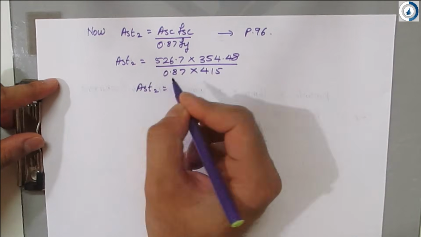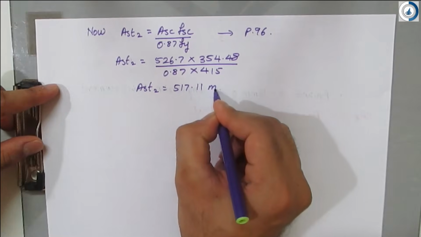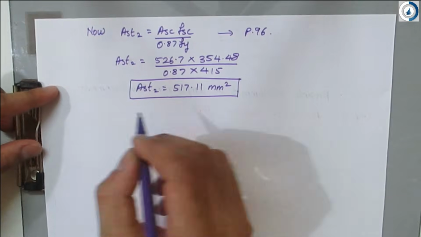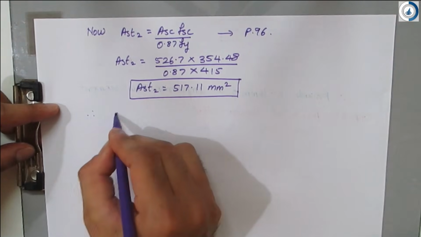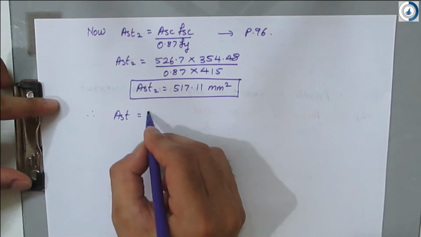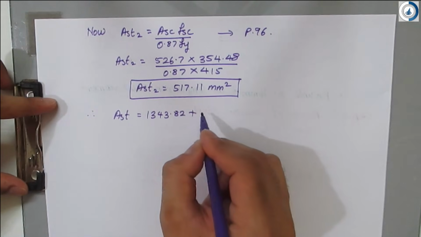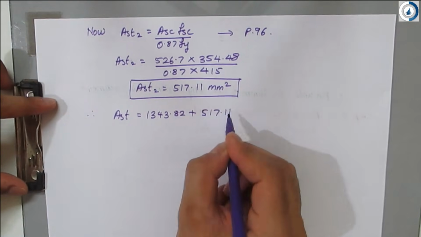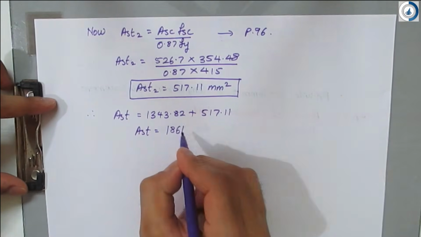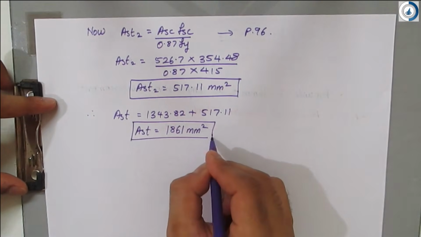So AST2 value we are getting as 517.11 mm square. Therefore AST is equal to AST1 plus AST2, so 1343.82 plus 517.11. This way the AST value is 1861 mm square total tensile reinforcement.